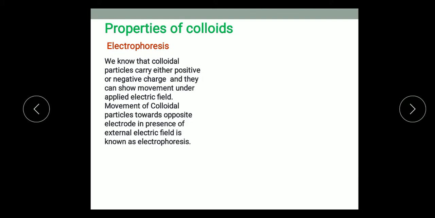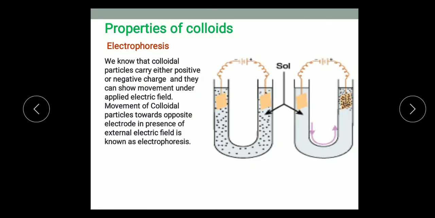We know that the colloidal particles carry either positive charge or negative charge, and they can show movement under applied electric field. So when we apply an electric field, the sol particles start moving towards the respective electrode, and this is known as electrophoresis.